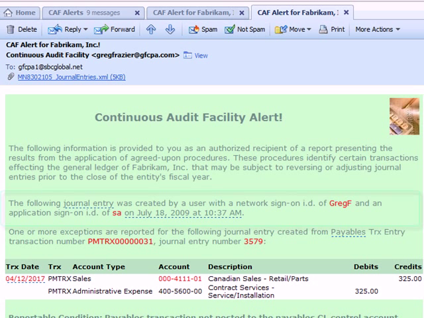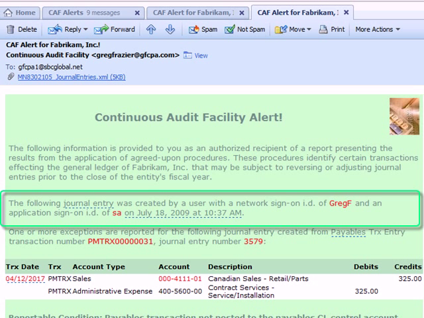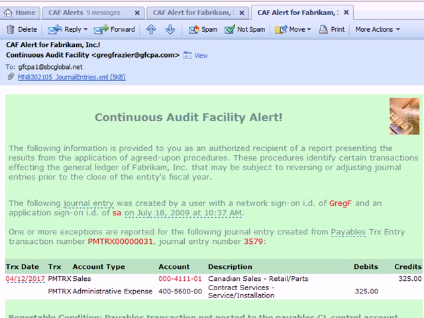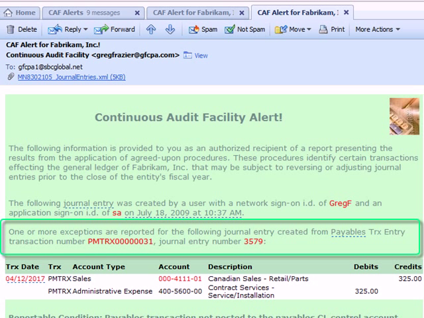The next paragraph identifies the user that posted the transaction in question and the date and time the posting occurred. The user's network sign-on ID and the user's ERP application sign-on ID are reported. The next paragraph identifies the transaction that triggered the alert.